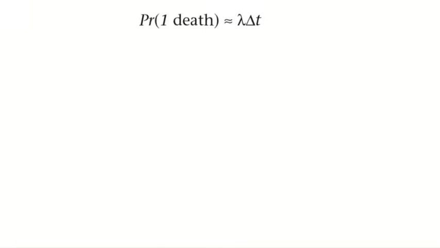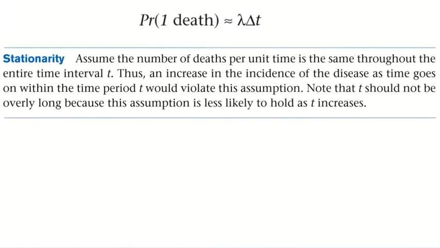Thus, we have this equation of the probability of observing 1 death in a time interval delta t. Two assumptions are to be observed for this to be true. The first is the assumption of stationarity.